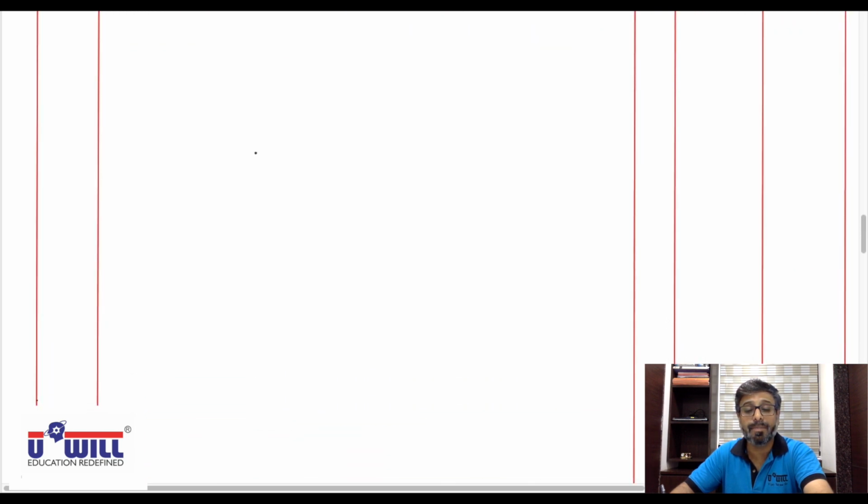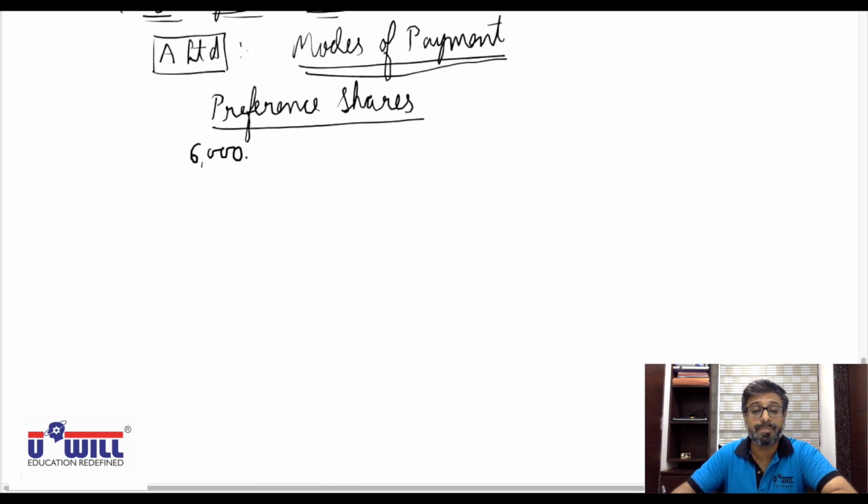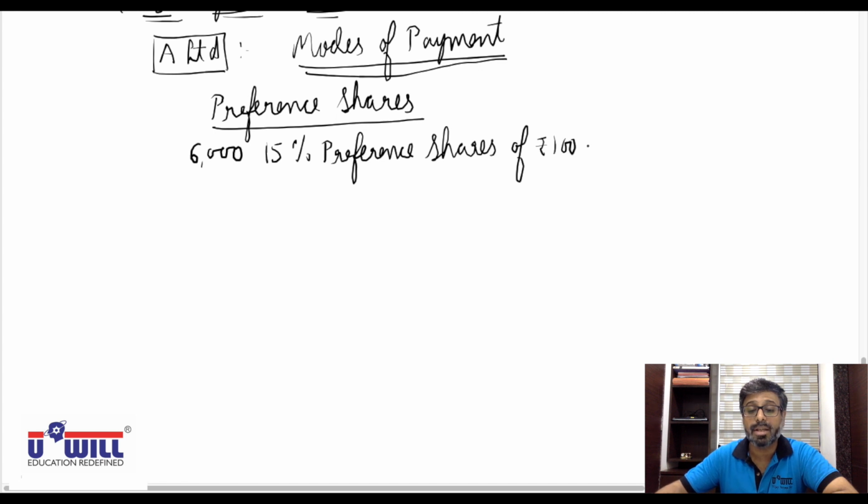So 6,000 15% preference shares of rupees 100 each but at rupees 150. 50 is premium, we discussed. So 6,000 into 150, 9 lakhs.